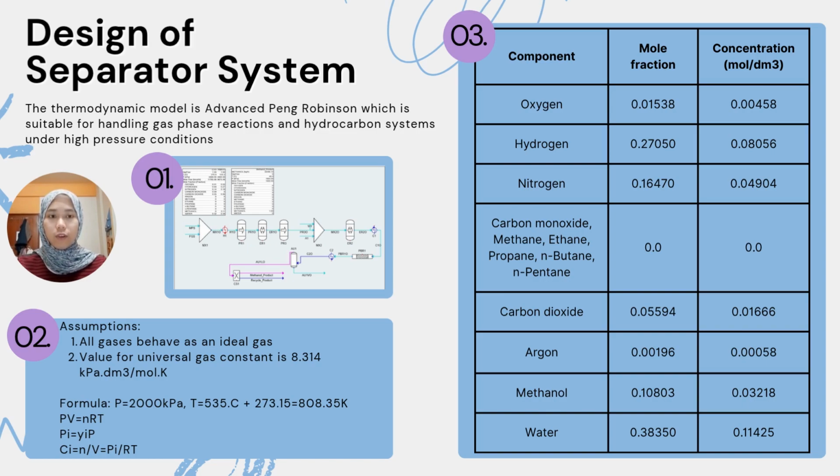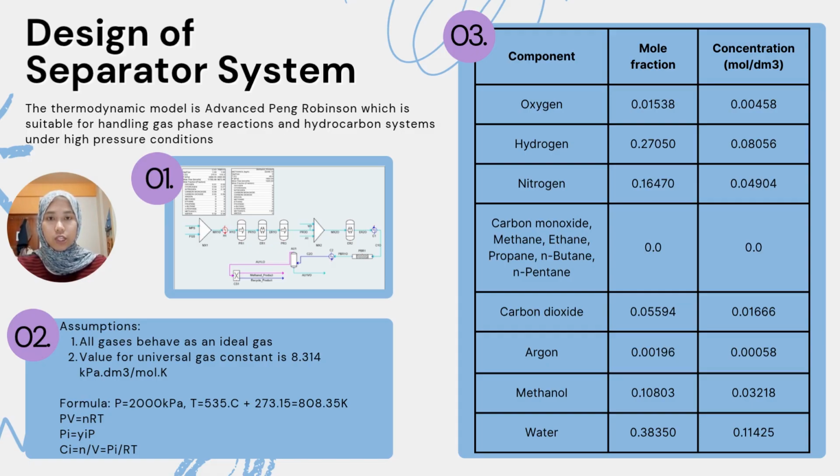The second is the value of the universal gas constant, R, which is 8.314. The formulas needed are first PV = nRT, Pi = yiP, and lastly Ci = n/V, which also equals Pi/RT. In the third column and the table, I attached the components in the separator system, followed by mole fraction and concentration.